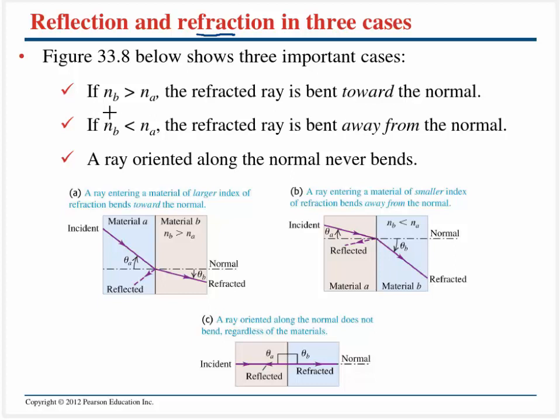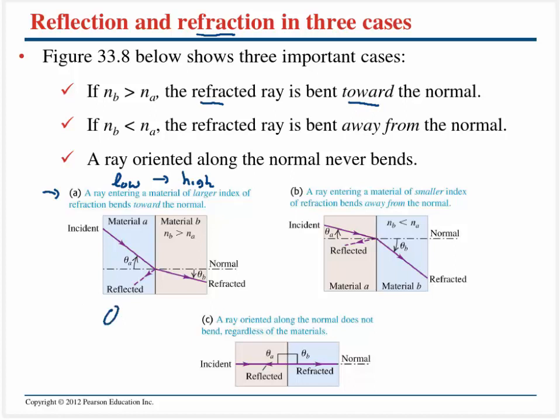Something that is kind of interesting is whether the refracted ray is going to bend towards the normal or away from normal. Turns out that it's going to depend on the indices of refraction. So let's take an example of case A here, where we're going from a region of low index of refraction to a region of high index of refraction. Then light is going to tend to bend towards the normal.